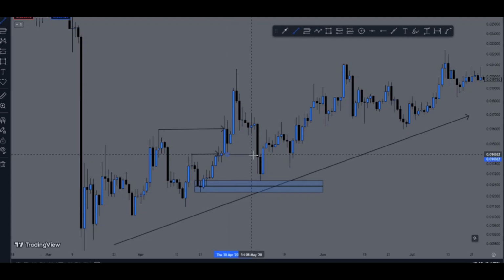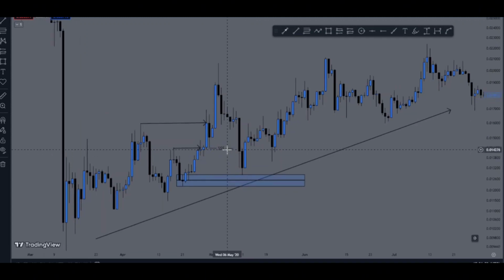Should I explain it? Let me explain it for you guys why here is not a good zone. Here was liquidity because this zone wasn't tested.